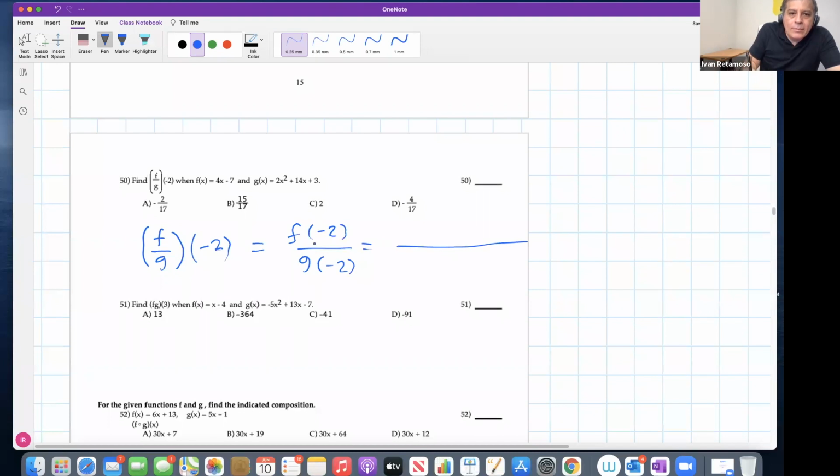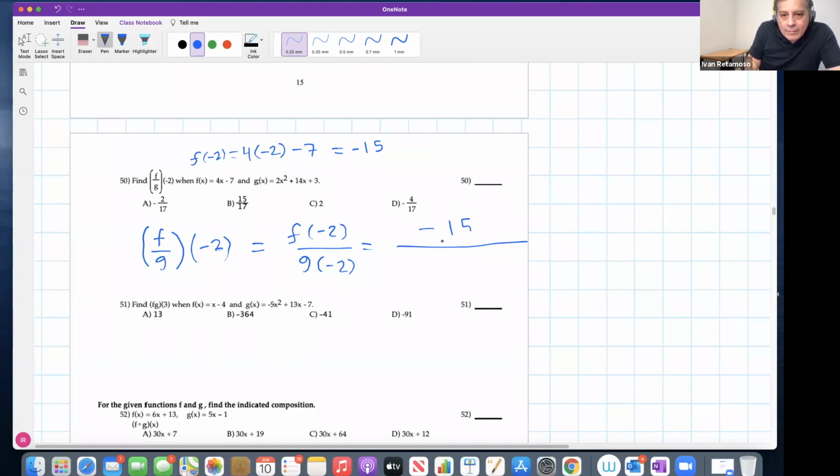So on the numerator, evaluate your f function at negative 2. f at negative 2: 4 times the input value, which is negative 2, minus 7. 4 times negative 2 is negative 8, and negative 8 minus 7 is negative 15. This is what we're going to write on the numerator, okay?